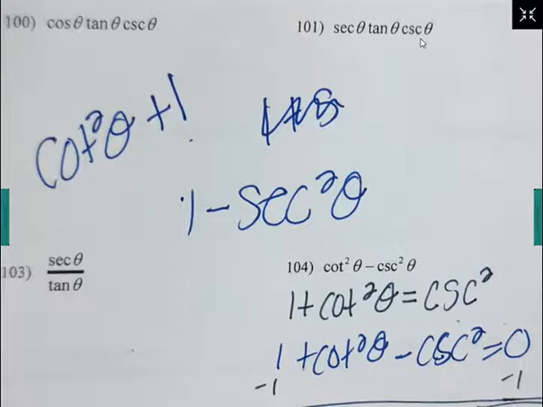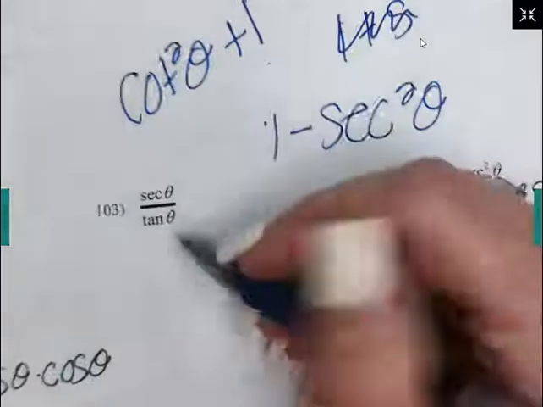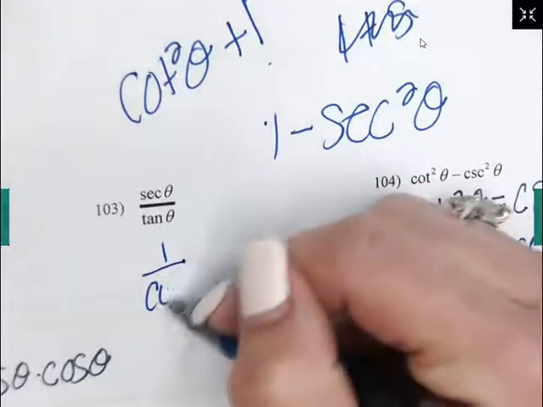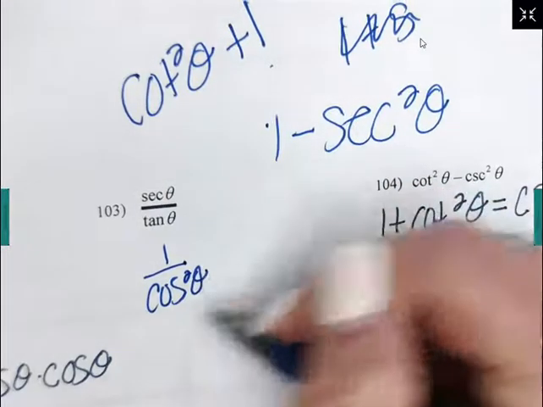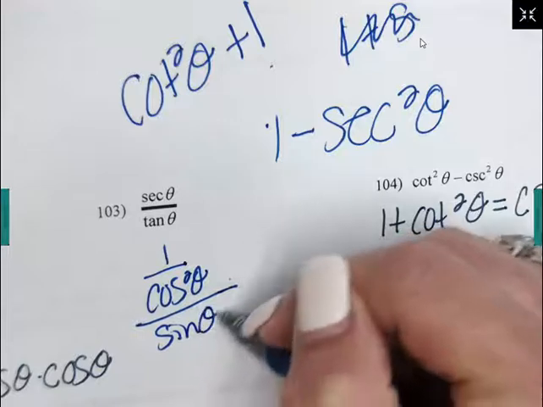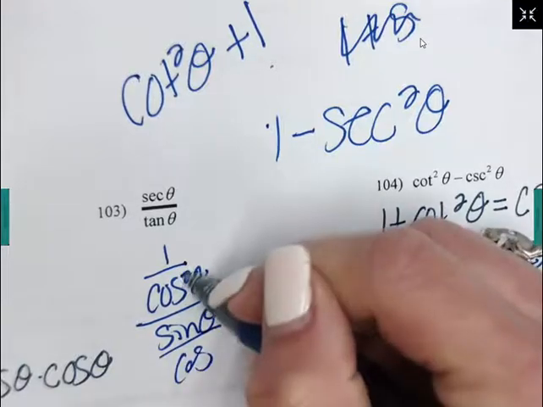Other questions? Yes, ma'am. Okay, on 103, I need to multiply by the reciprocal, but if I do that, will it be sine times 1 over the cosine squared of theta over the sine over the cosine? I don't know. There's no squared.